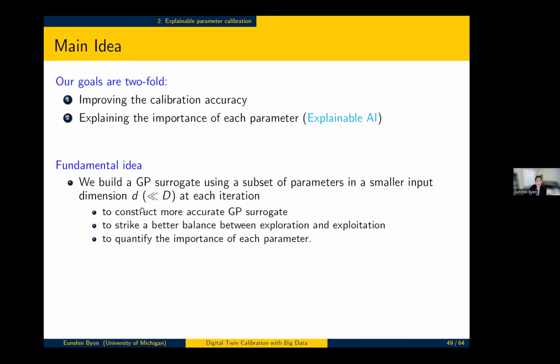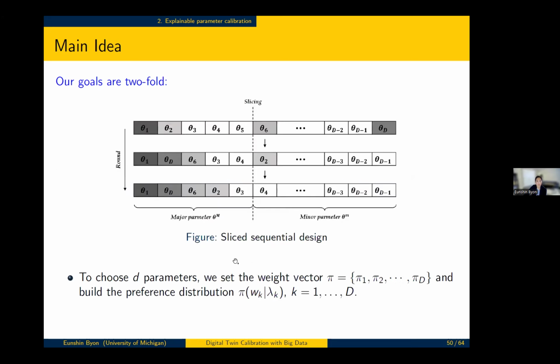Okay? So instead of building a Gaussian process in the original dimension, capital D, we want to choose important parameters, and we want to build the GP in the reduced dimension, small d, okay? And why is that? We want to construct a more accurate GP surrogate, and we want to strike a better balance between exploration and exploitation, and we want to quantify the importance of each parameter.